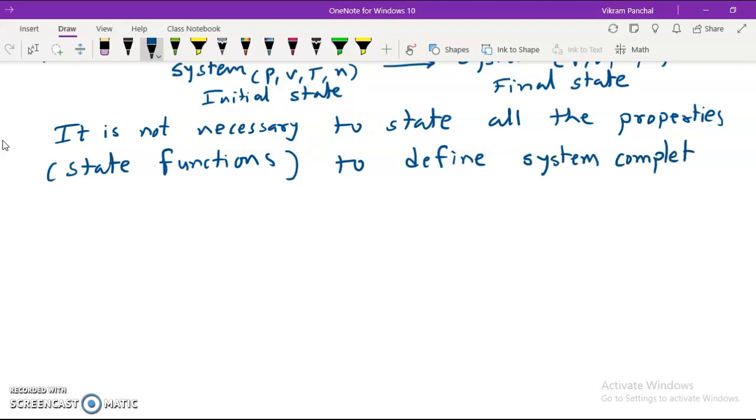Okay, so it is not necessary to define the system by showing all changes.